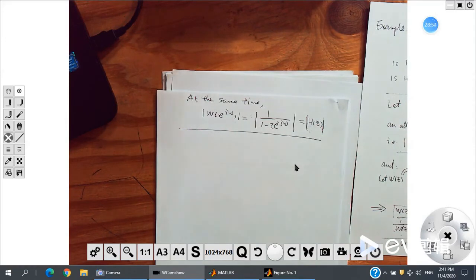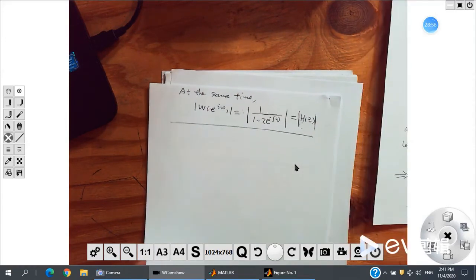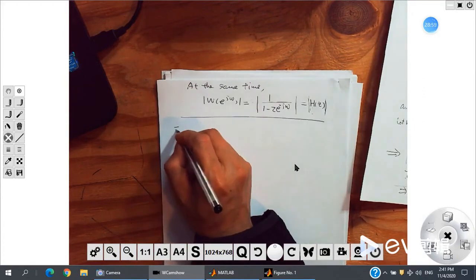Make sense? Yeah. Now we can consider a more complex case. Example 2.